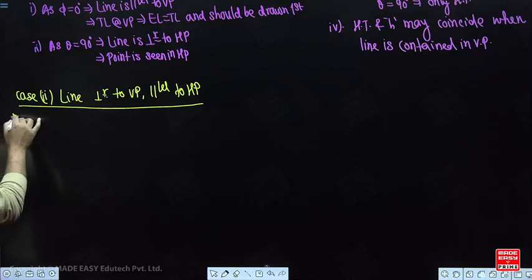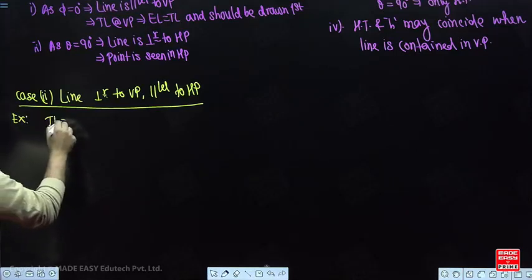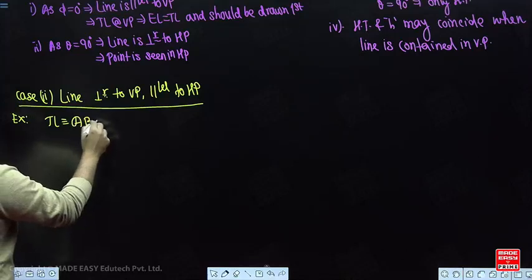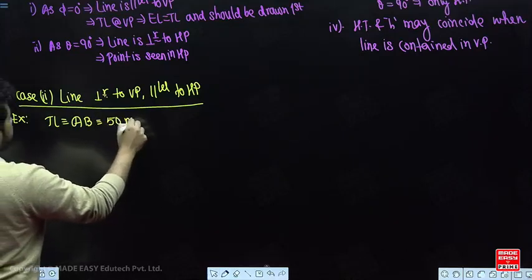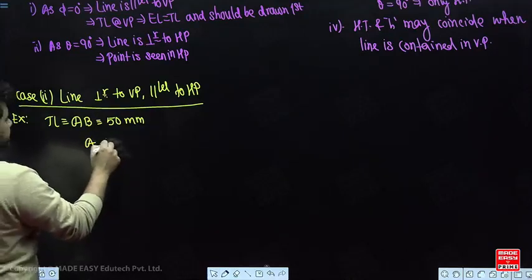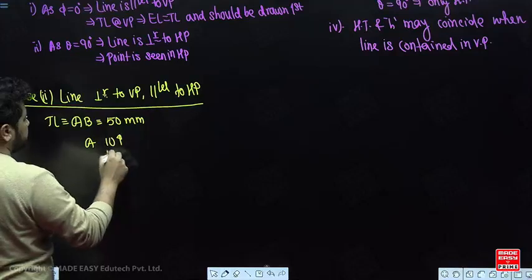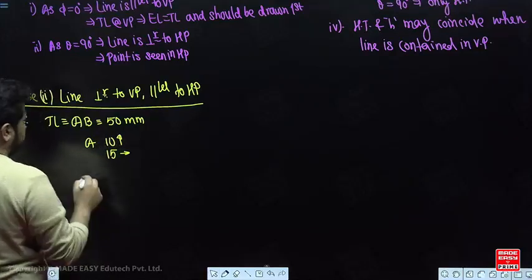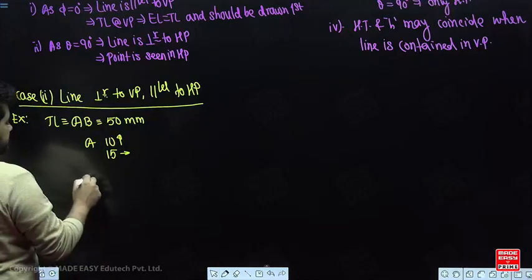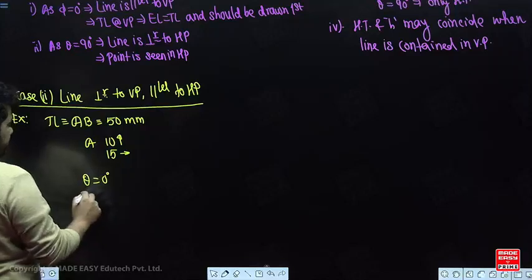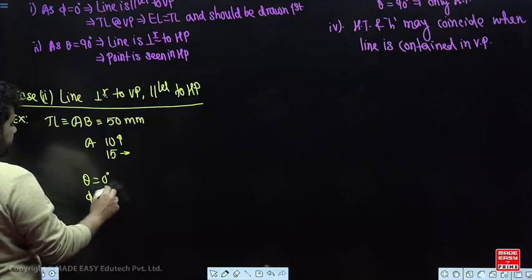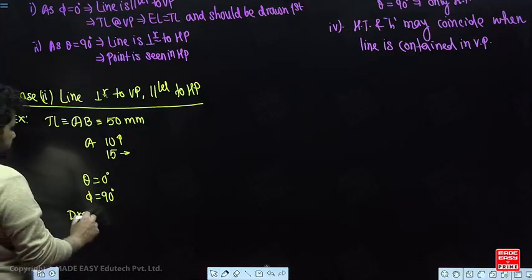So let us take an example. True length AB, suppose 50 mm, point A 10 mm above, 15 mm in front. Perpendicular, okay, here theta is equal to 0 degree, phi is equal to 90 degree. Draw its projection.